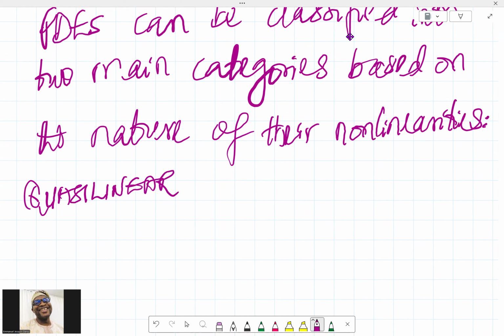By way of introduction, PDEs can be classified into two main categories based on the nature of their non-linearities.